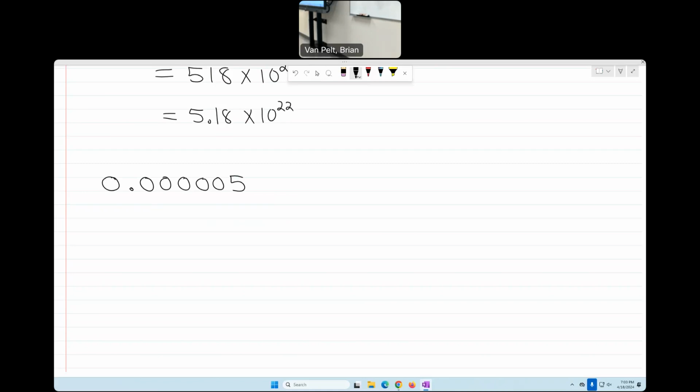We're not actually doing anything except conversions here. Type this in, hit equals, and tell me what you get. 5 times 10 to the negative 6. The calculator outputs 5 times 10 to the negative 6.